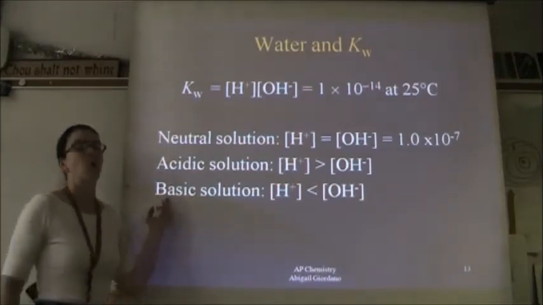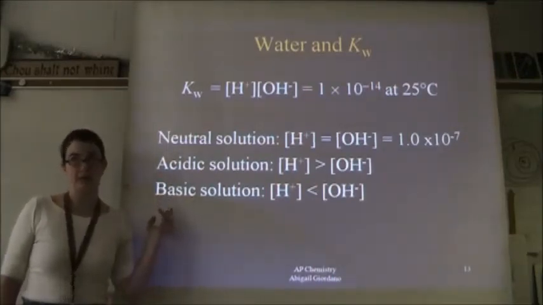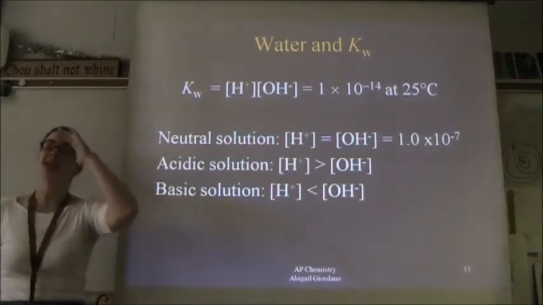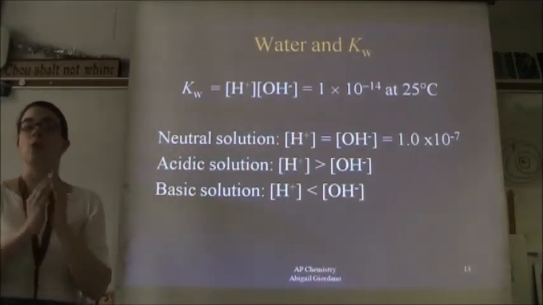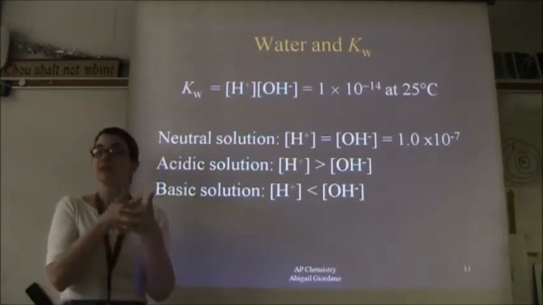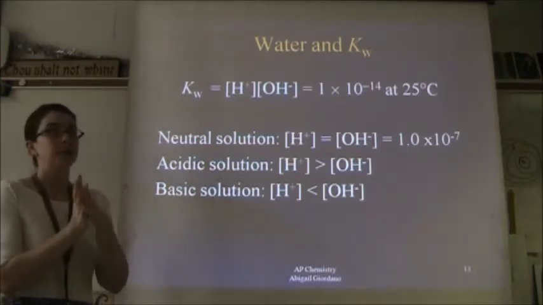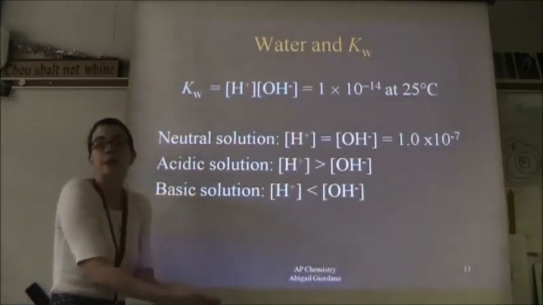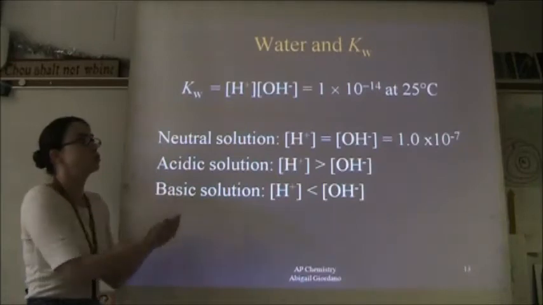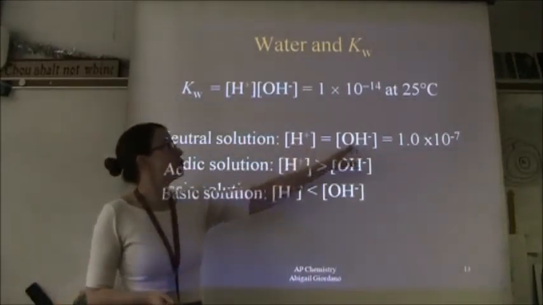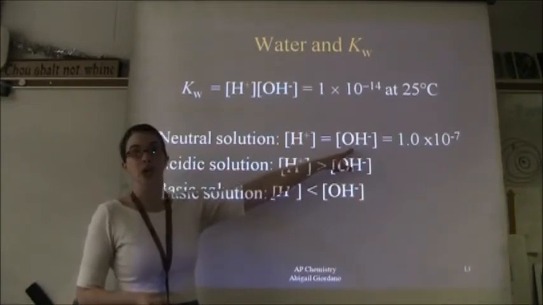And let's just make sure that you understand when we use terms like neutral, acidic, basic, I want to make sure that you know what you're really talking about. If I say that a solution is neutral, what kind of a pH does it have? 7. Well, that's great. I'm glad that you know that. But I also want you to know a little bit more. What neutral really means is that these two molarities are equal to one another.